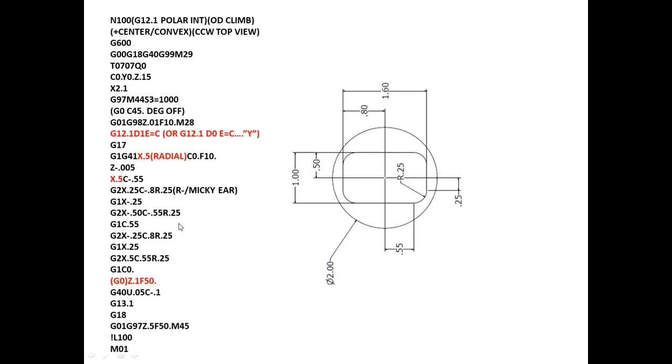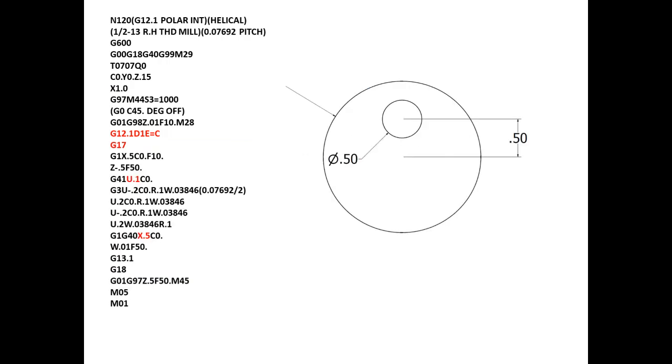So I'm going to move on to the next slide. Polar interpolation. I think it's pretty much the same programming. You just have to be careful. I just copy and paste and change the U value because now it's a radial value. On Fanuc control, the G41 U.1 should be U.2 because Fanuc is diameter.